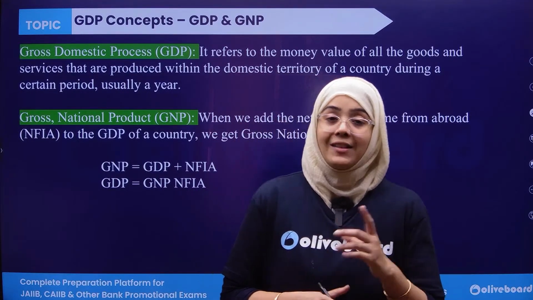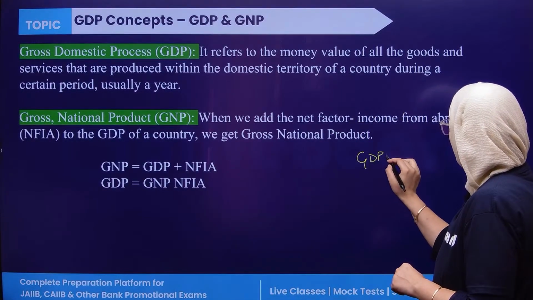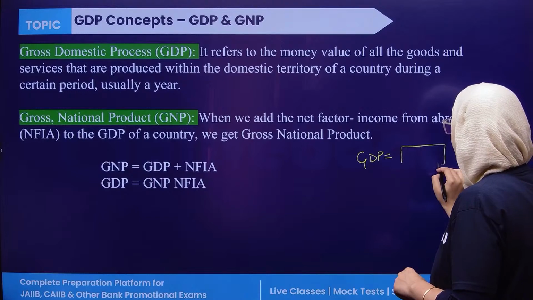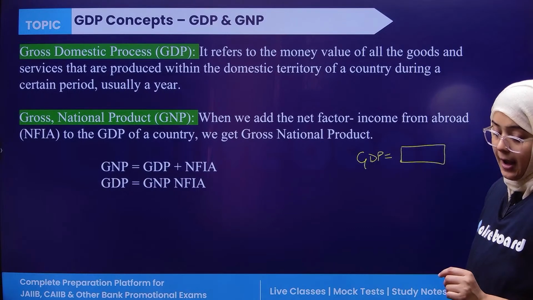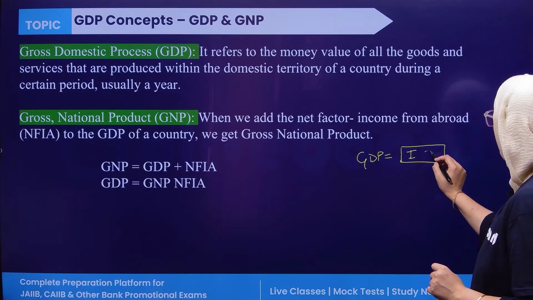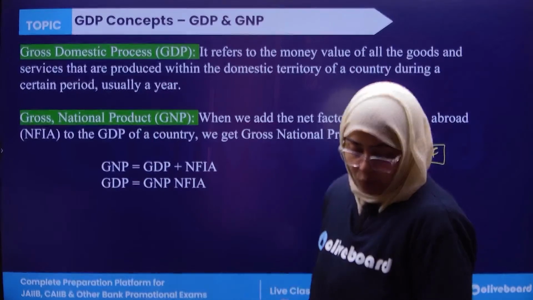Now, first of all, if we talk about the GDP, gross domestic product is equal to all the income that has been produced within the domestic boundary, whether it is by the income of Indians or by foreigners. Both are included in it.